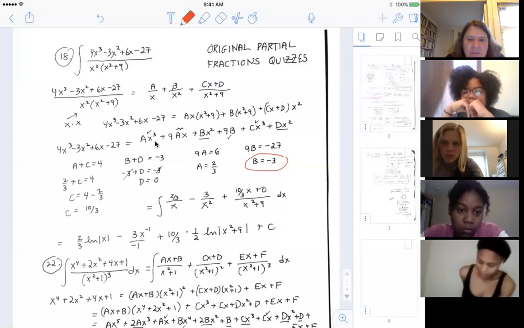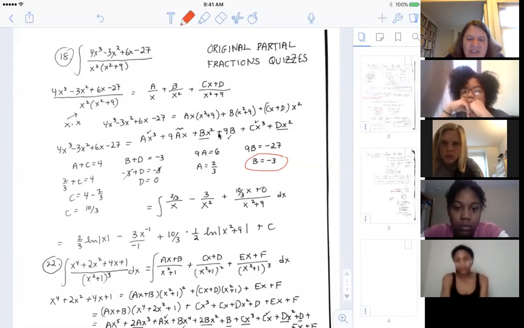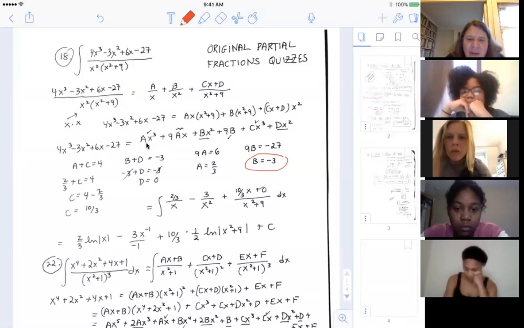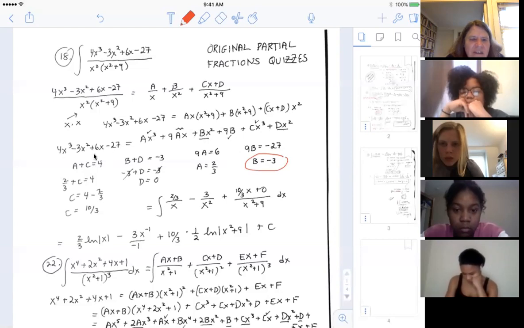Okay. So the next thing I did was say, how many x cubed terms have I got? I got A plus C. You know, guys, what I do is I kind of check them as I go along to make sure I've gotten them all. So A plus C has to be the coefficient there, which is 4. So there it is right there. A plus C is 4. The other thing I know, and I wrote everything I knew along here, if you look at the x squared terms, there's B plus D, and there's a minus 3 on x squared.